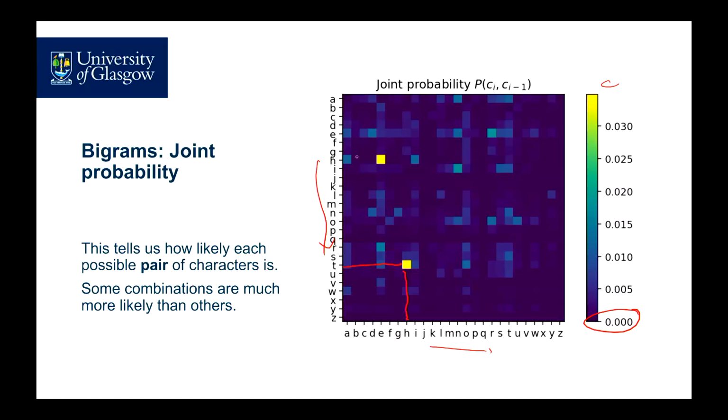Another quite common one is H followed by E. And then we have E followed by R. Those are combinations of two letters that are particularly common in the language. So that's a bit nicer. It models a little more of the pattern of letters in the language.